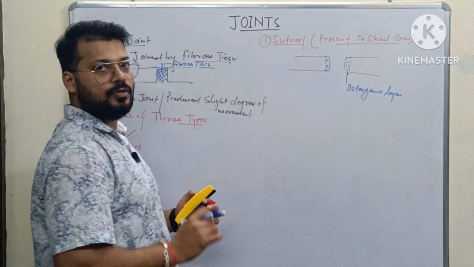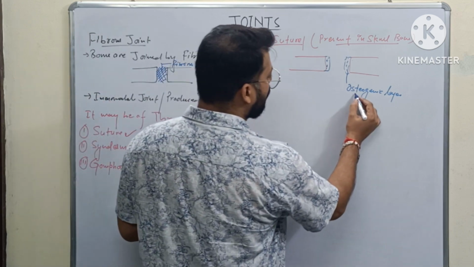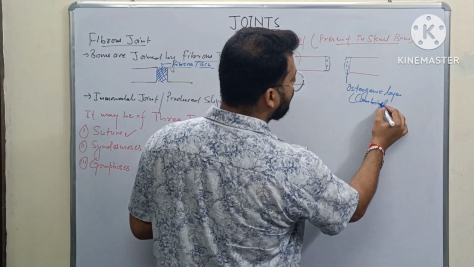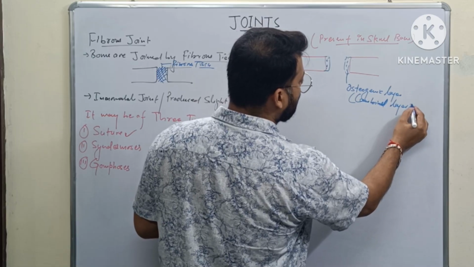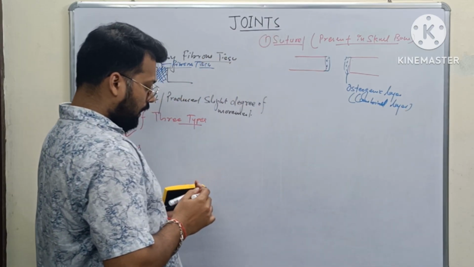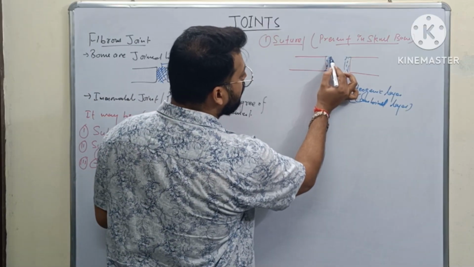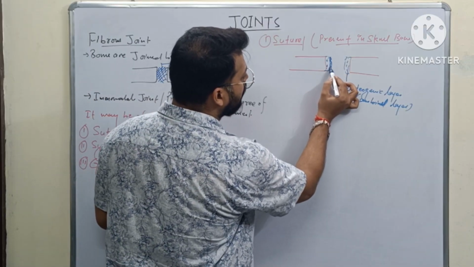This osteogenic layer is also known as the cambial layer. Okay, and this cambial layer is further covered by a fibrous capsule.